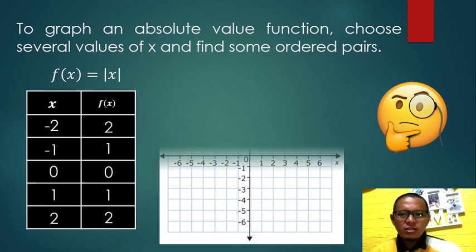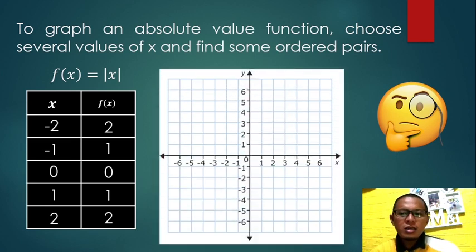Right? So let's plot the ordered pairs in our Cartesian plane. Negative 2 and 2 is found in the second quadrant. Right? How about negative 1 and 1?